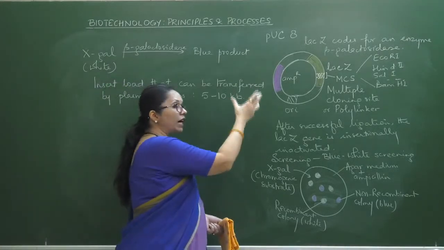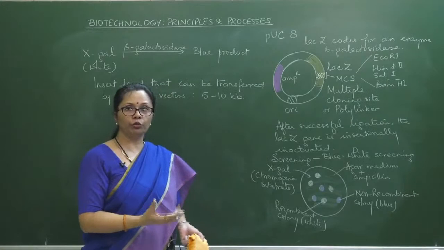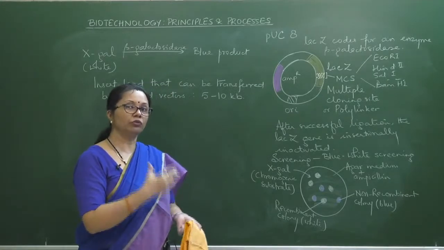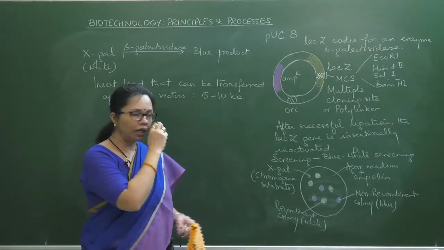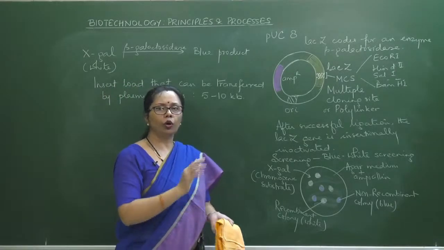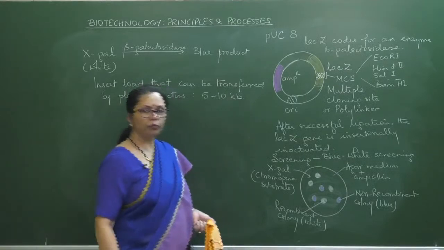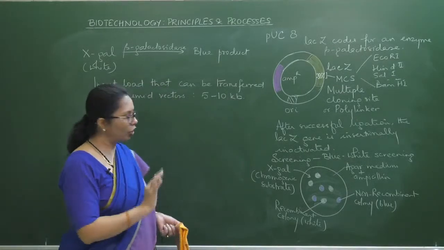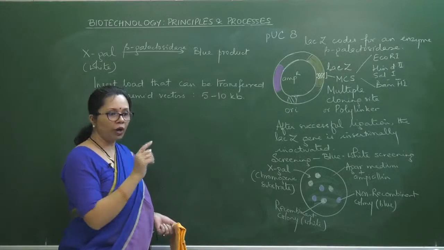The plasmid itself, like pBR322, is 4.3 kb, so of course it is carrying more than that. pF8 is smaller, about 2.3 kb. So that's how the range is, but within 10 kb, not more than that. So this is one vector.